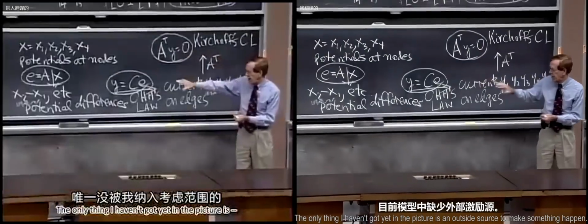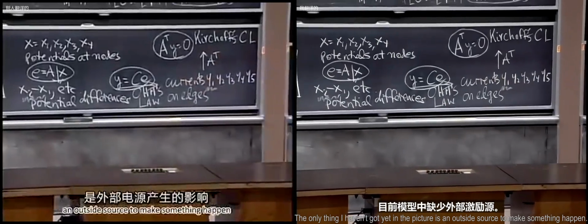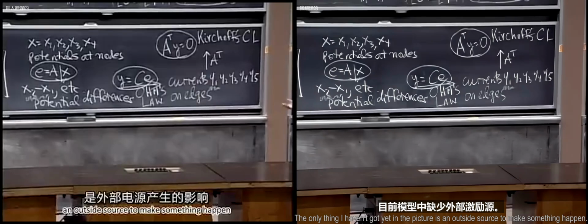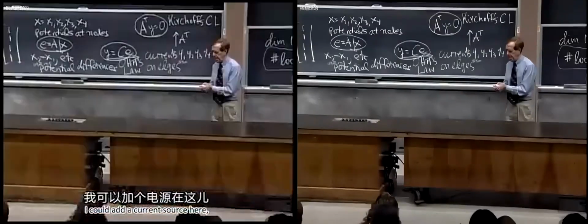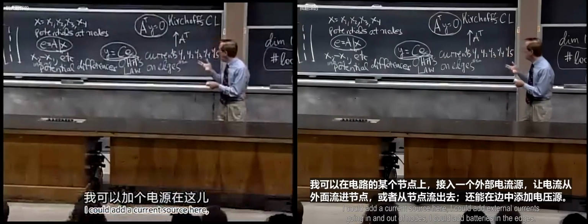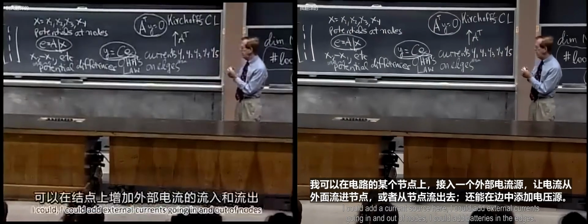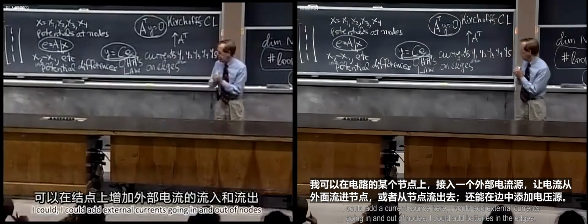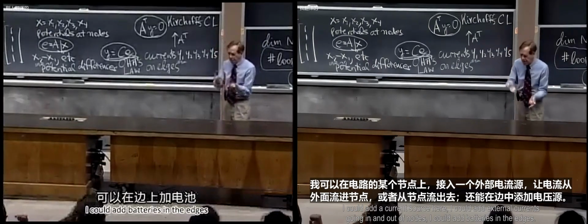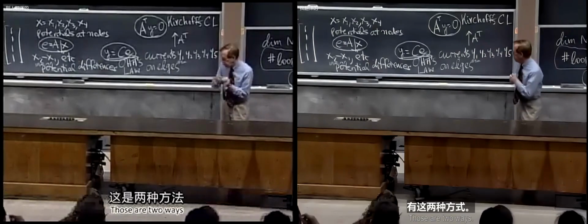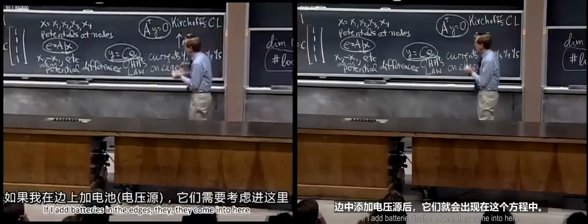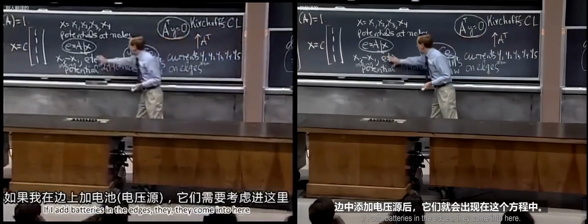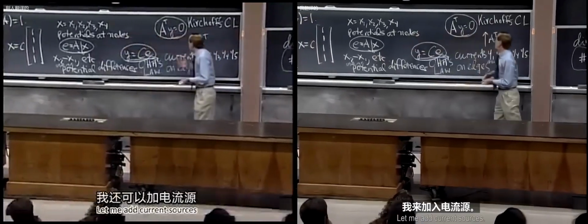The only thing I haven't got yet in the picture is an outside source to make something happen. I could add a current source here. I could add external currents going in and out of nodes. I could add batteries in the edges. Those are two ways. If I add batteries in the edges, they come into here. Let me add current sources.